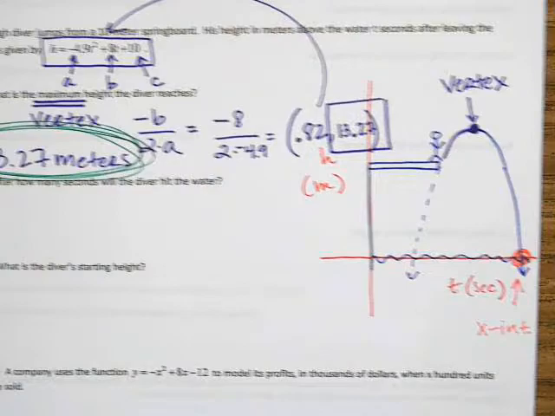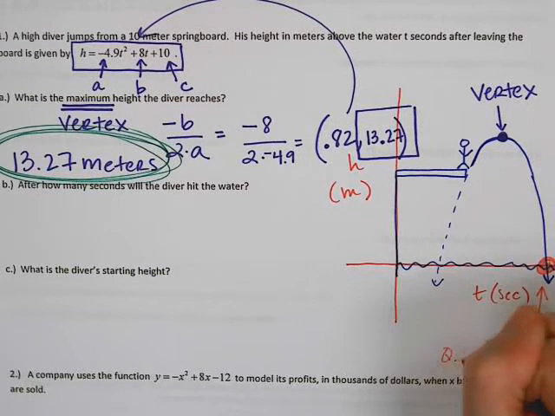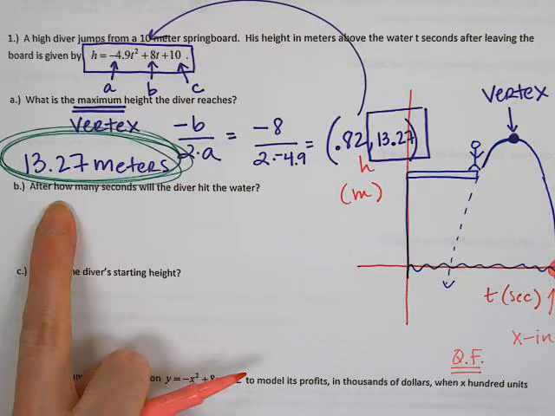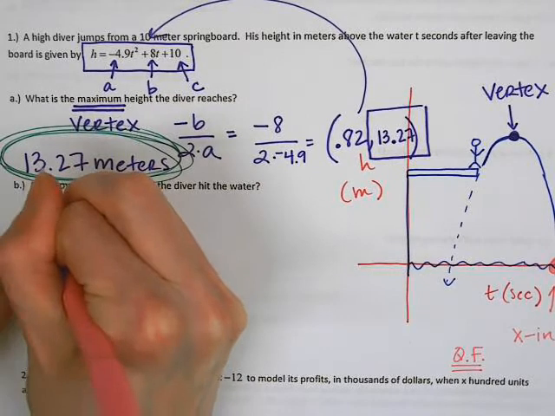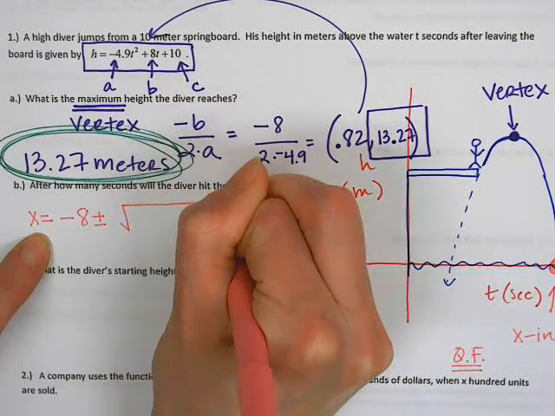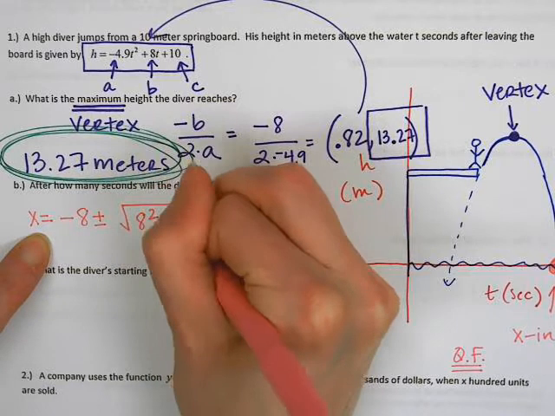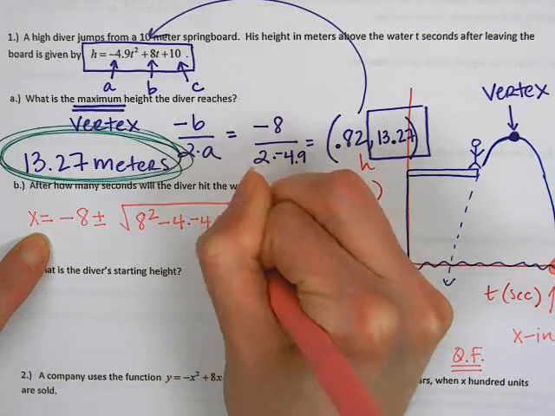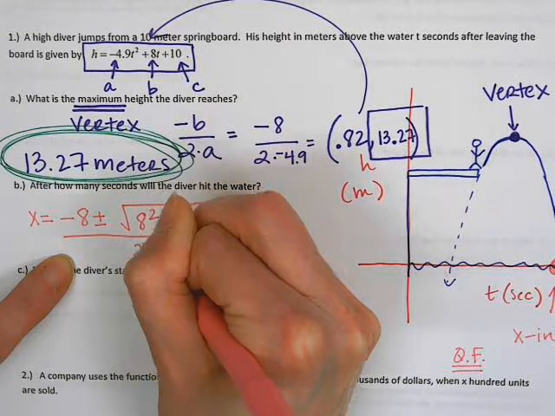How do we find the x-intercept? We do the quadratic formula. So on letter B, you have to do the quadratic formula for this problem. So x equals negative b, so negative 8, plus or minus the square root of b squared, so 8 squared, minus 4 times a, which is negative 4.9, times c, which is 10, all over 2a, so 2 times negative 4.9.